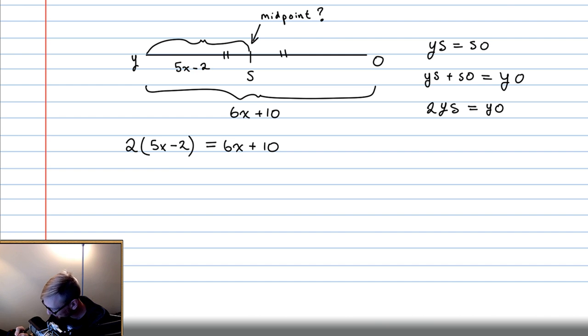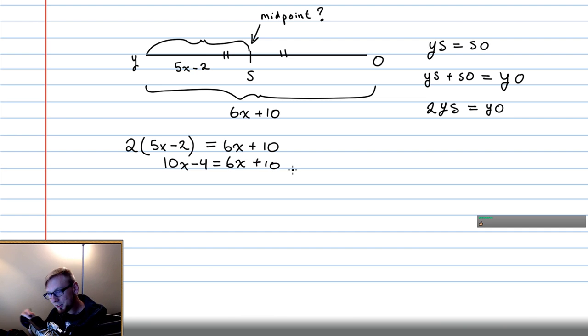Good, 10x minus 4, you got it. And this will be what, 6x plus 10 still? We'll take the 6 to the other side. So tell me what you get.